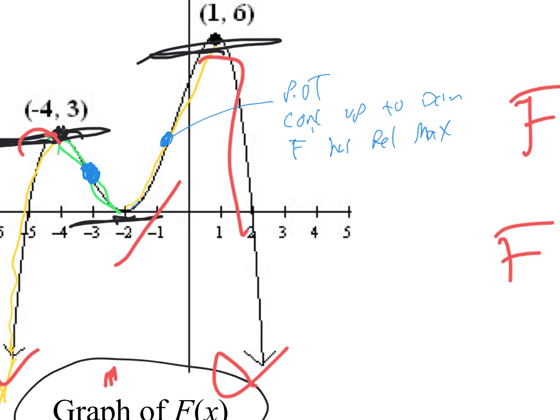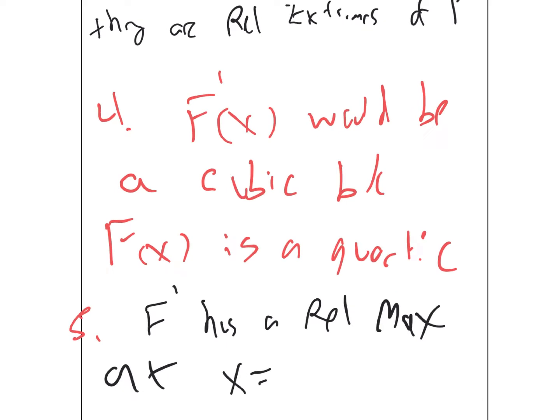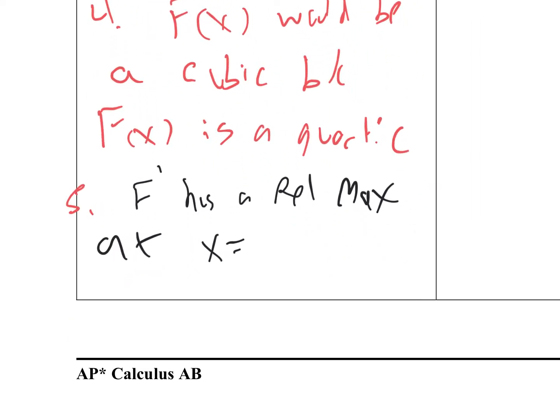So let me put that down here into the box. What was I asking? Relative max at x equals, I'm going to put approximately negative 1/2.